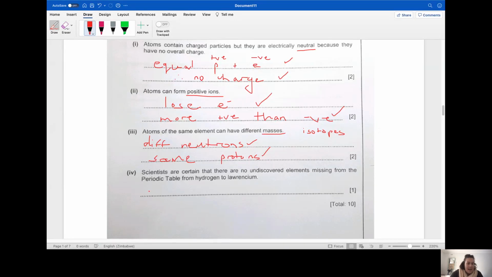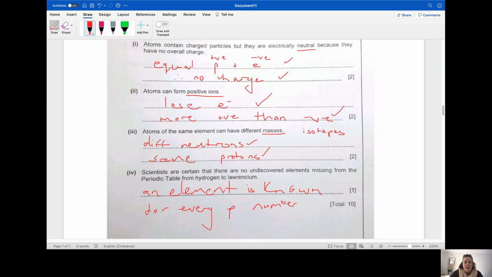Okay, so your answer for that would be an element is known for every proton number.